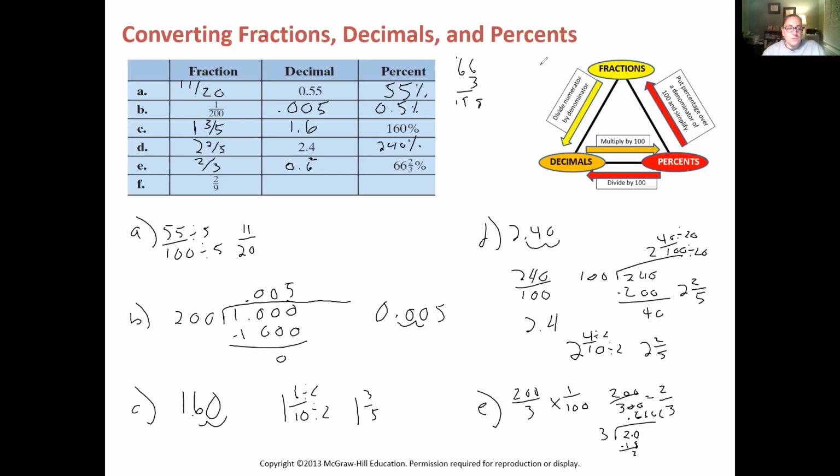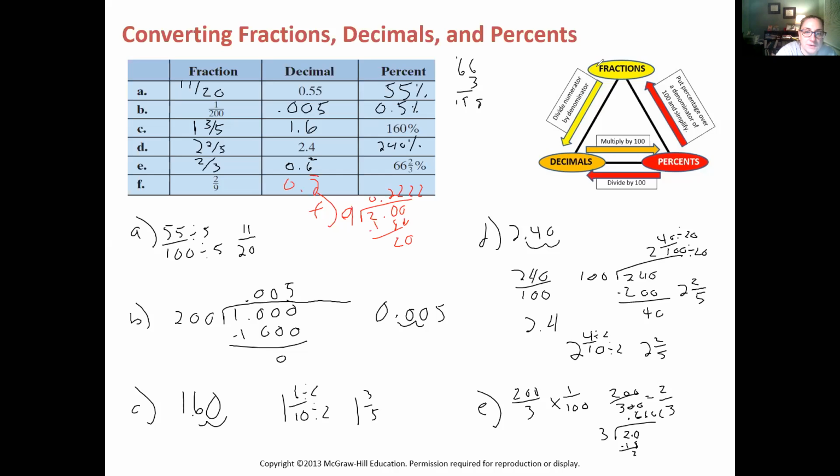And for F, 2/9. All right, 2/9 as a decimal. Use a different color. So here's F. I'm going to do 9 into 2. 0, 9 going into 22 times. That's 18. 2, down. That's going to be 0.22222 repeating.